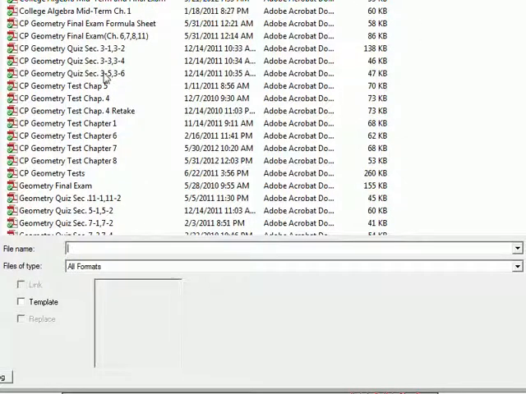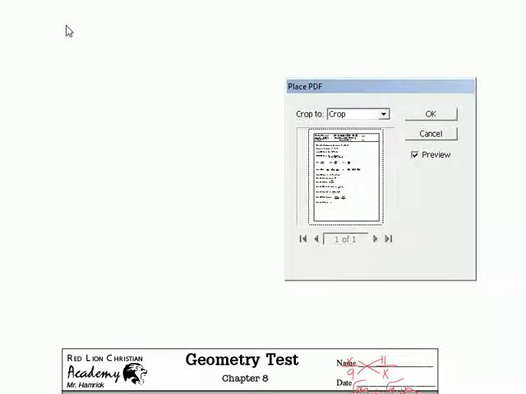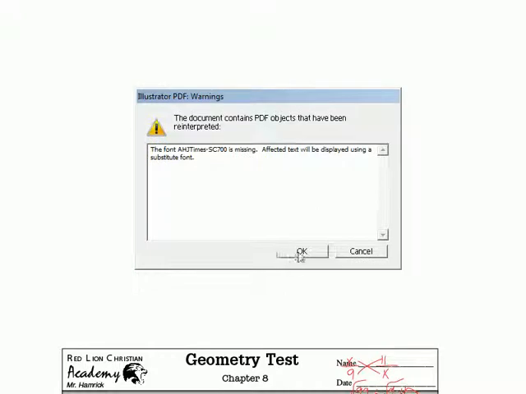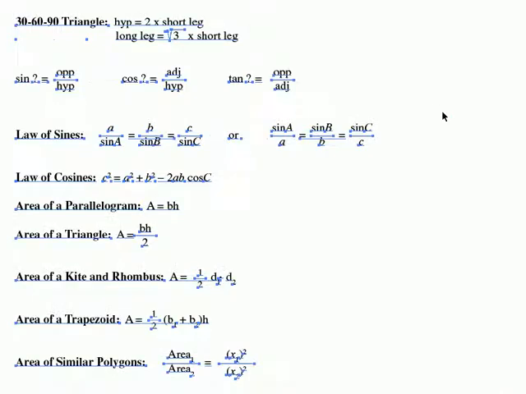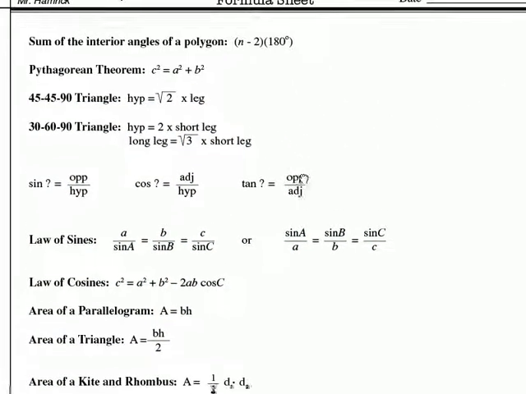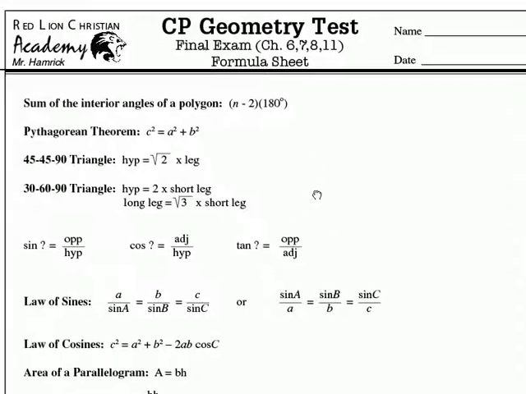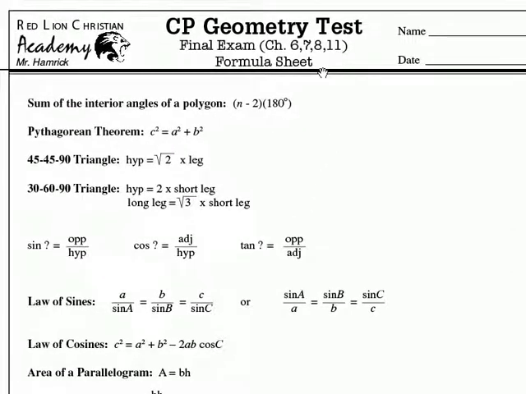Formula sheet. I just made this for the CP class, but I'll give it to you guys too. I don't even know if it'll help you or not, but you might know a lot of this stuff already. So here's the formula sheet that I'm going to give you. 6, 7, 8.